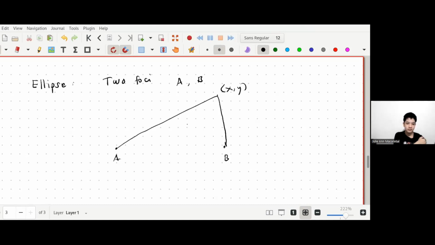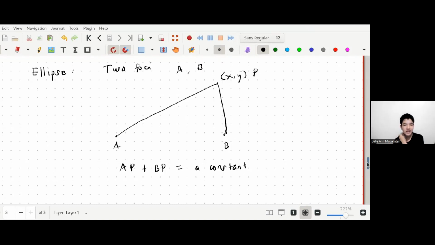So AP plus BP is equal to a constant. If I remember, yung convention na ginagamit dyan ay 2A. We'll call it 2A. So this plus this is a constant.